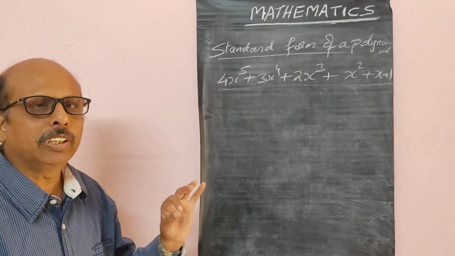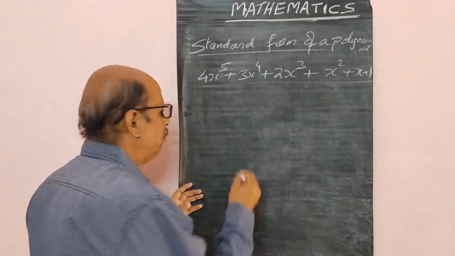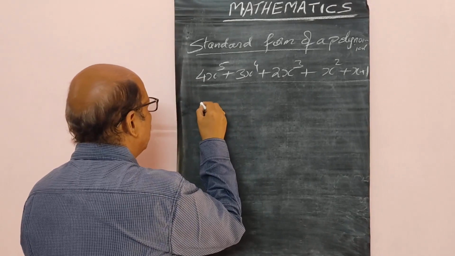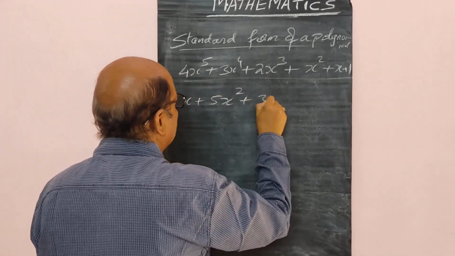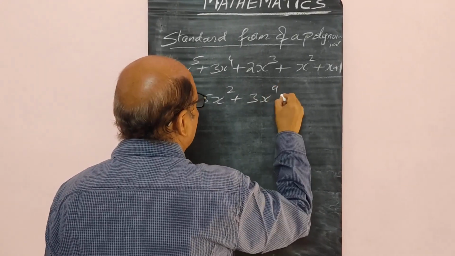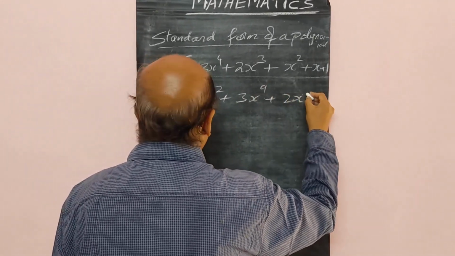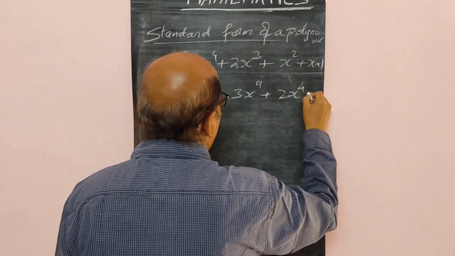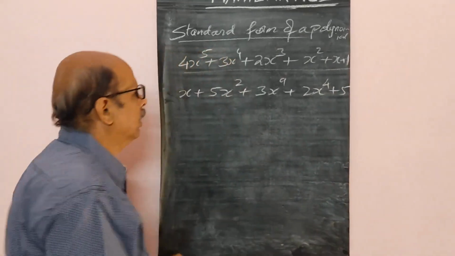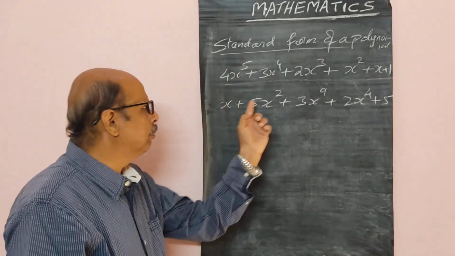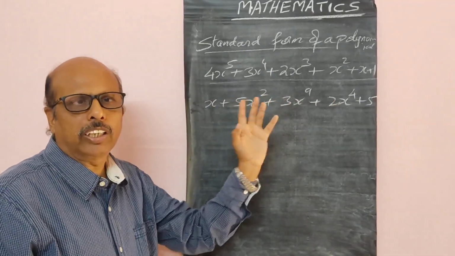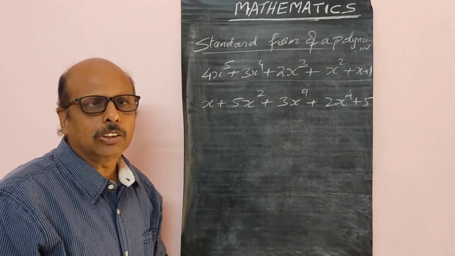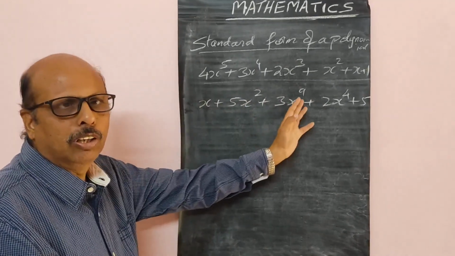Suppose it is written in a random way. Suppose I write x plus 5x square plus 3x raised to 9 plus 2x raised to 4 plus 5. Here the powers of the variables are not in decreasing order, they are randomly written, and they will ask you to write the standard form of this polynomial.